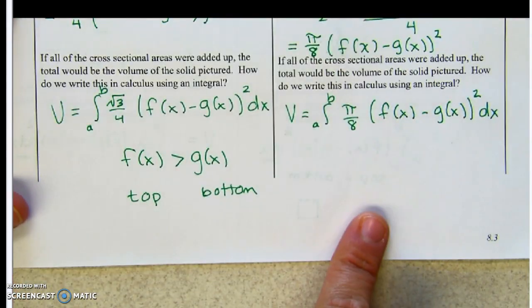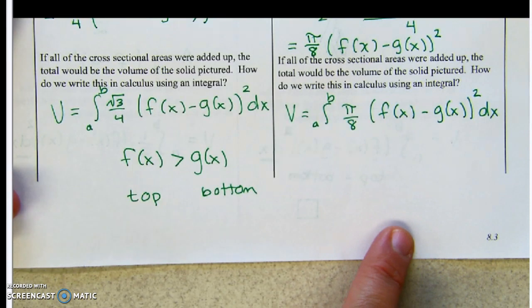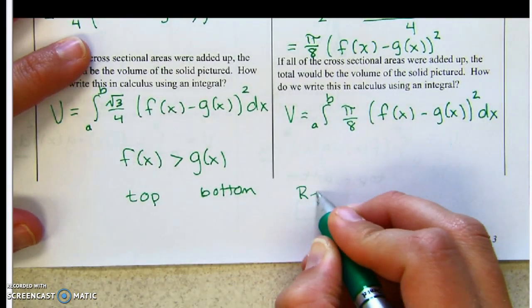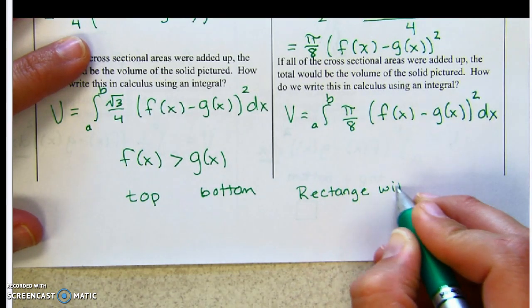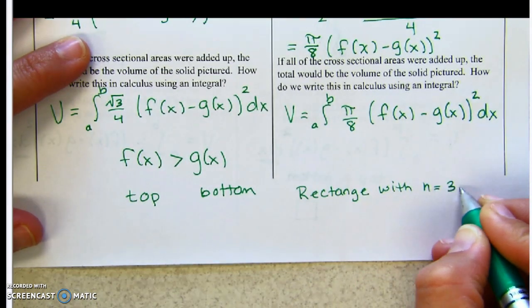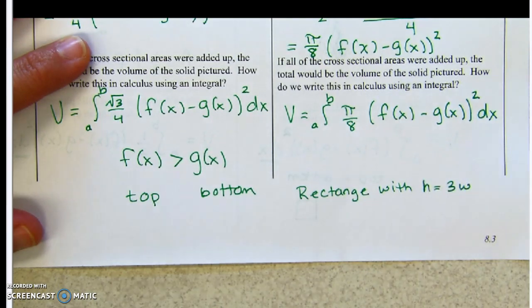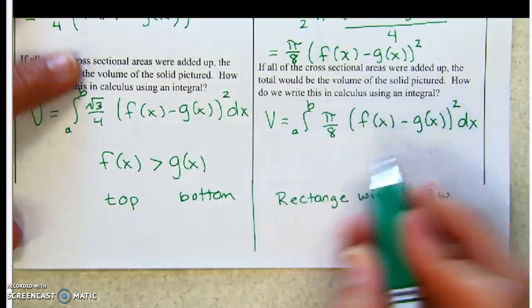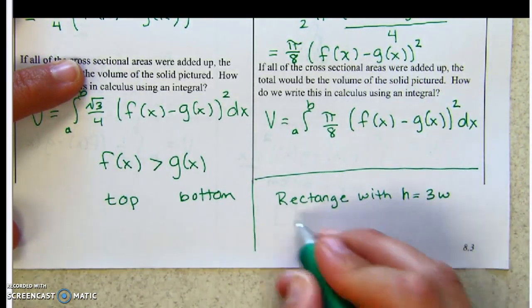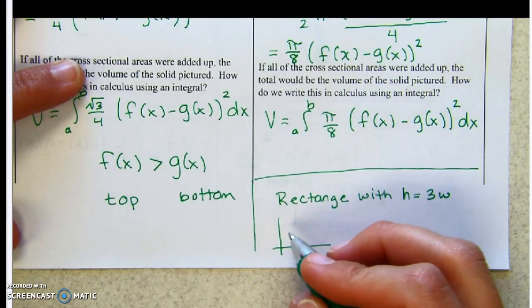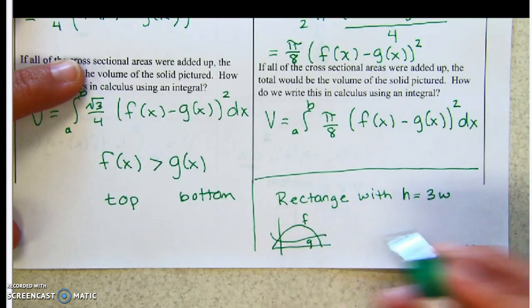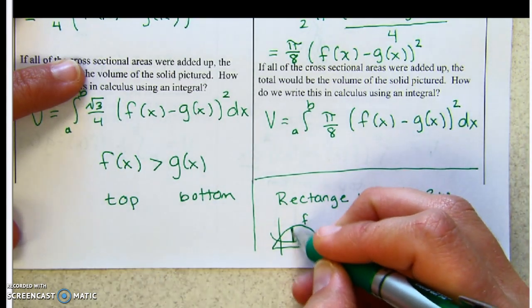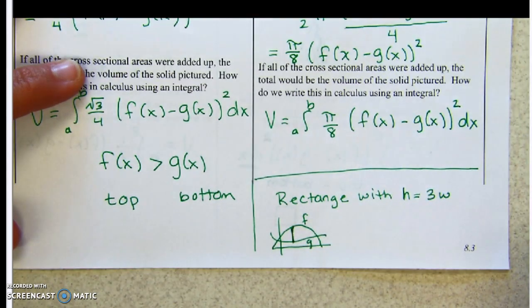There's one more shape that is fun. It's a rectangle, but it's different every time. It says a rectangle with a height that's equal to 3 times the width. So what that means is you have f and g, and your base is f minus g, but then the height will be 3 times that.